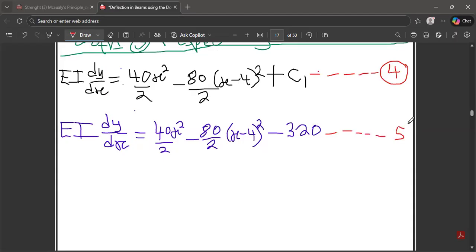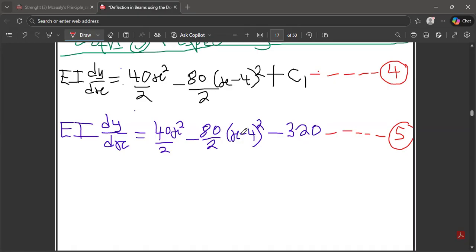And our equation 5 can finally be said to be our slope equation, because from first principle of differentiation, it is the change in y over the change in the distance.